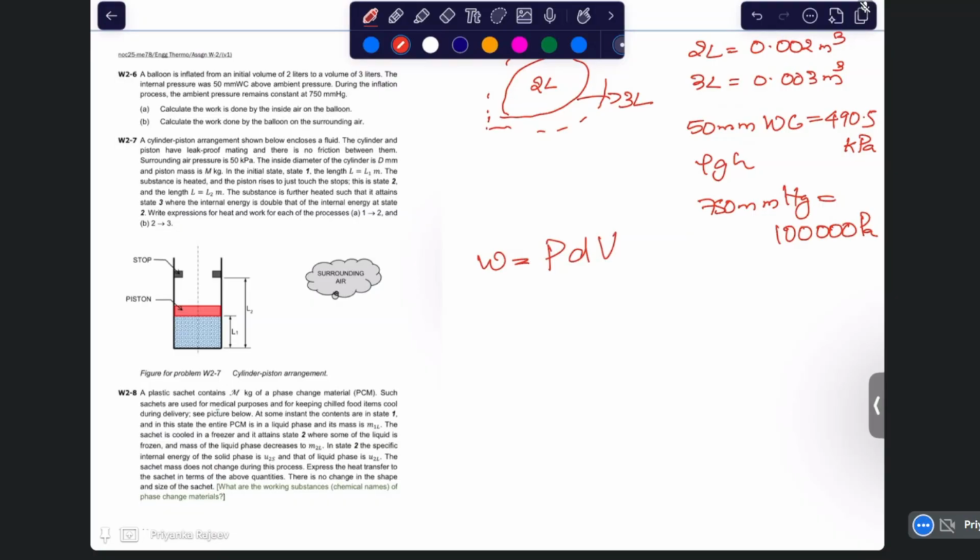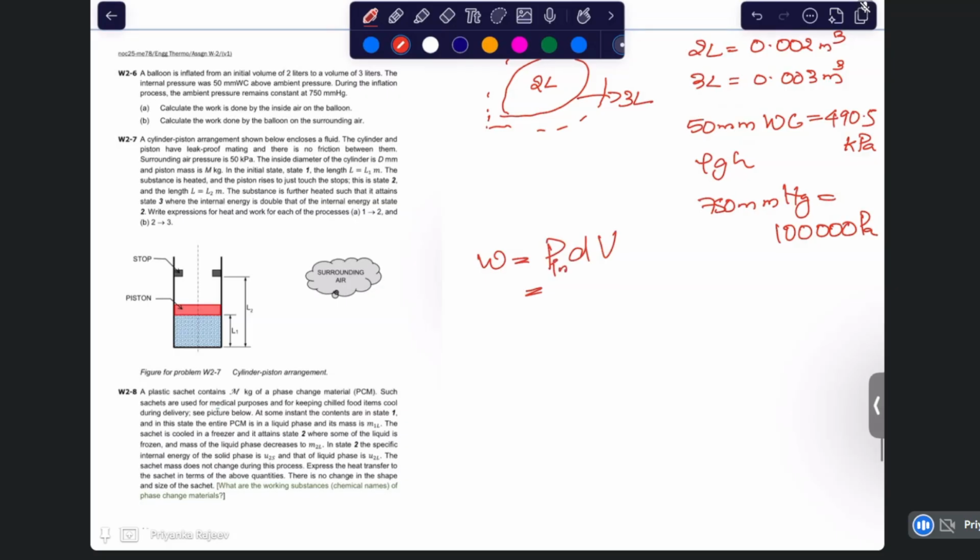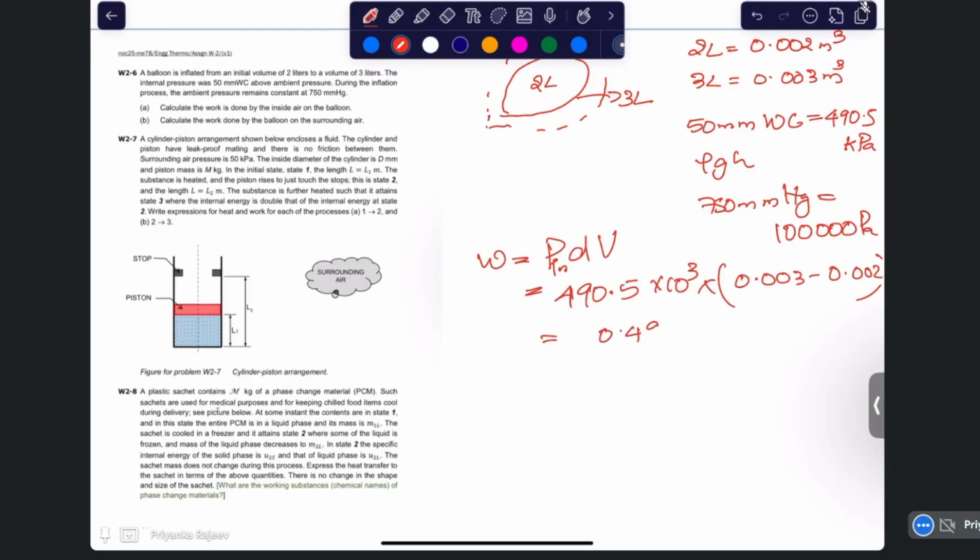So PdV, the internal pressure of balloon we have to take, that is this 50 mm of water column, times dV, which is 0.003 minus 0.002. That is equal to 0.49 joule.